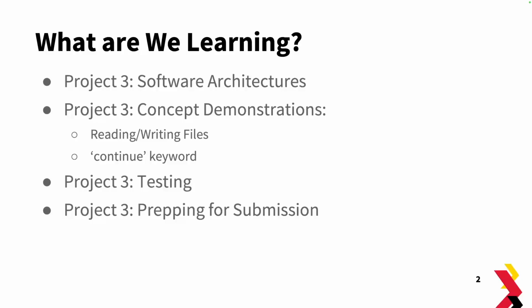There's two things I want to show in particular, which is reading and writing files, and also the continue keyword, both of which are going to be discussed in the Monday discussion. But today we are just going to go over them as well. We also have testing. I'm going to touch on that just very briefly. And then again, very briefly touch on prepping your file for submission.